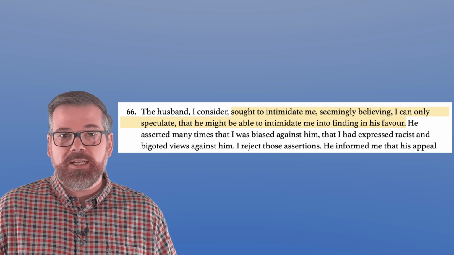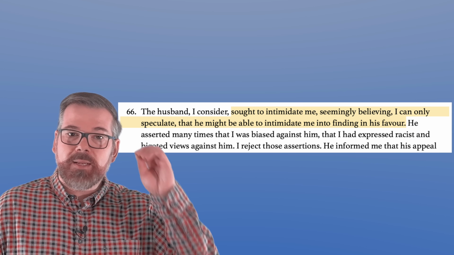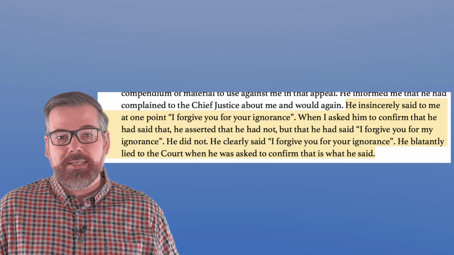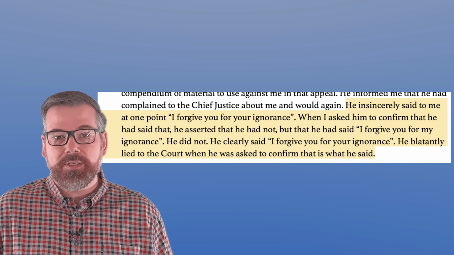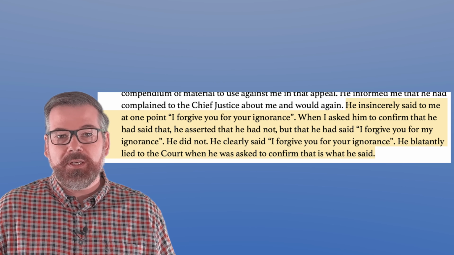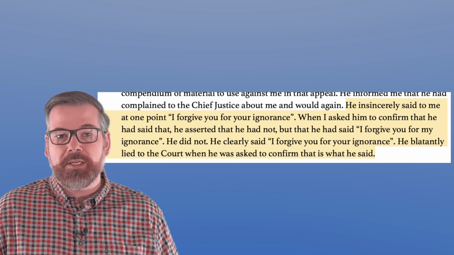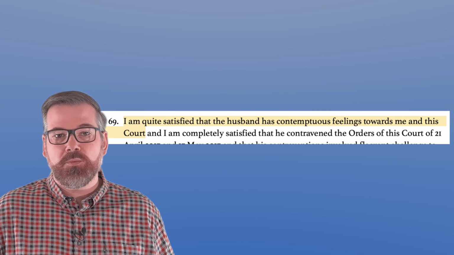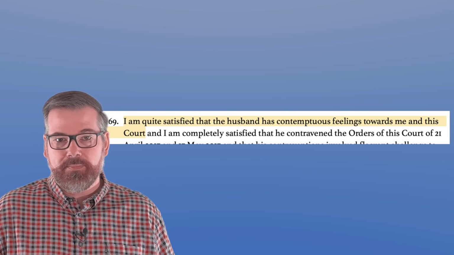He had sought to intimidate the judge, seemingly believing that he might be able to intimidate the judge into finding in his favour. And he had insincerely said to the judge at one point, "I forgive you for your ignorance," and then blatantly lied to the court when he was asked to confirm that that was what he had said. Justice Forrest, in that case, was quite satisfied that the husband had contemptuous feelings towards His Honour and the court.